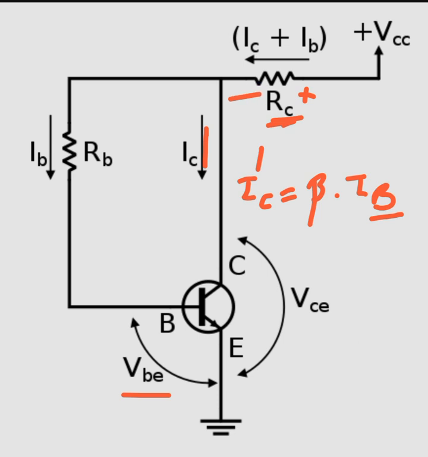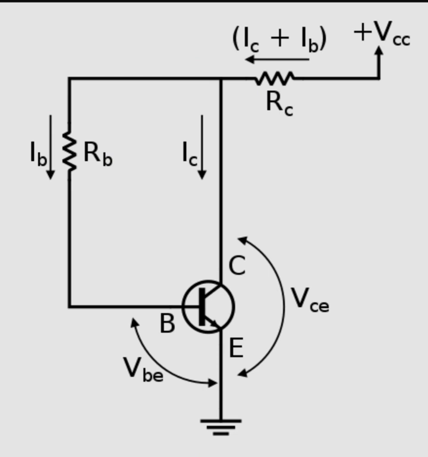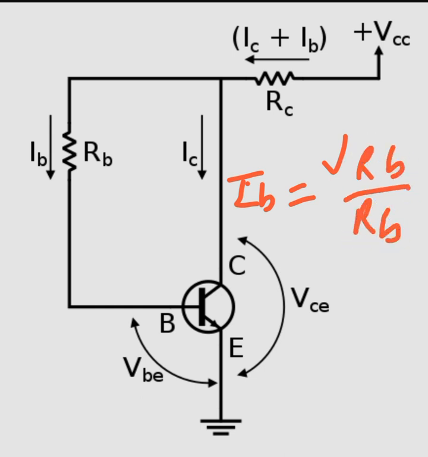So the voltage drop across RB therefore decreases, because applying KVL right here tells us that VRB, the voltage across the resistor RB, will go down. IB is nothing but VRB divided by RB. So if VRB goes down, IB will come down.